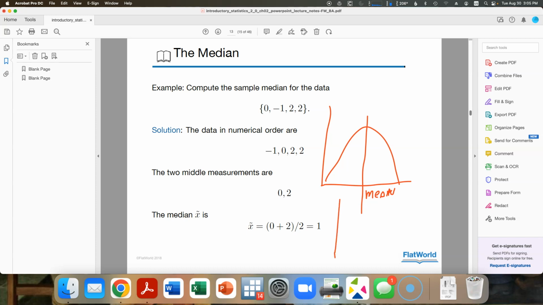Where something like the median becomes more useful is if the data kind of looks a little different. Because then the idea is that maybe 50% of my observations are here, and 50% of my observations are here. Whereas here it's 50, 50.